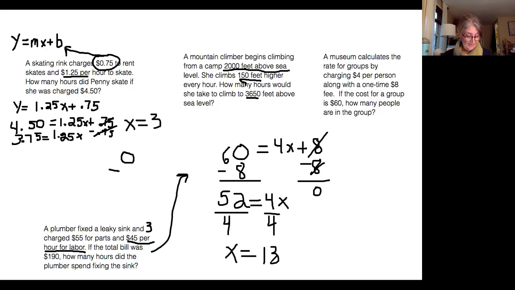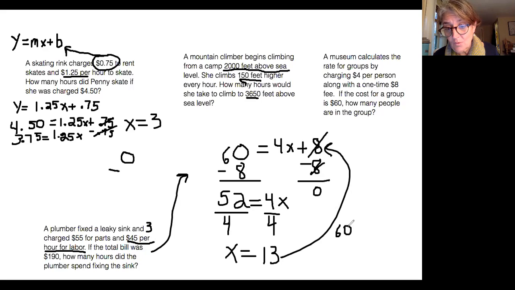Now it goes without saying that the way to check these is to go to our original equation and plug in 13. 60 should equal $4 times 13 people plus a one-time $8 fee.